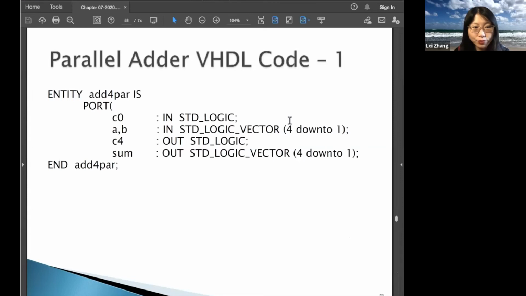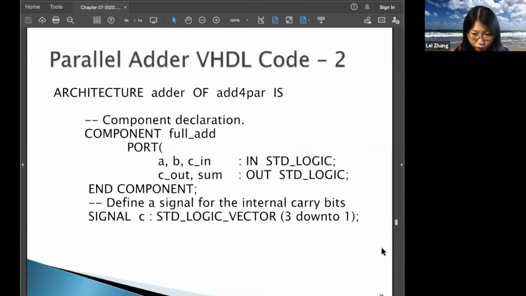Entity is going to be similar. Apart from the A, B, and sum, we extend it to 4-bit, 4 down to 1. 4 down to 1 is defined in such a way. So you may notice everything now is defined as 4 down to 1 or 3 down to 1.